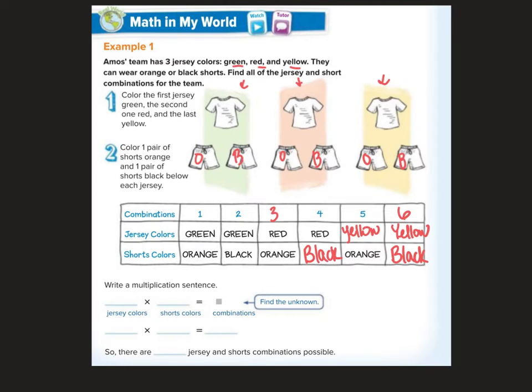You could wear green jersey, orange shorts, green jersey, black shorts, red, orange, red, black, yellow, orange, yellow, black. That is 6 combinations. We've got 2 short colors, orange or black, and 3 jersey colors: red, green, and yellow. So 3 times 2 is 6. There are 6 jersey and shorts combinations that are possible.